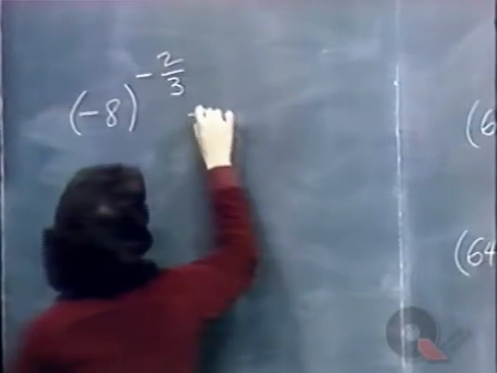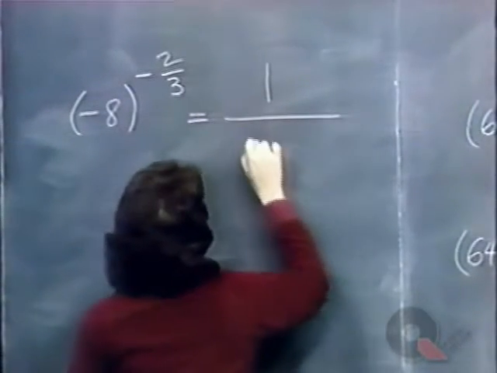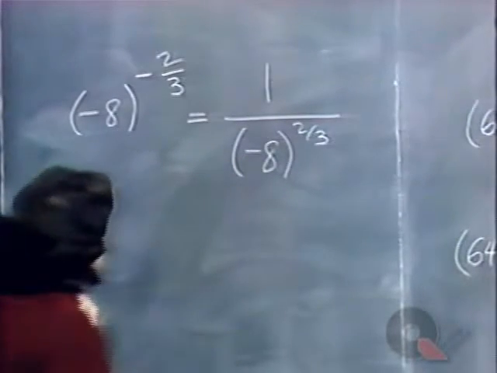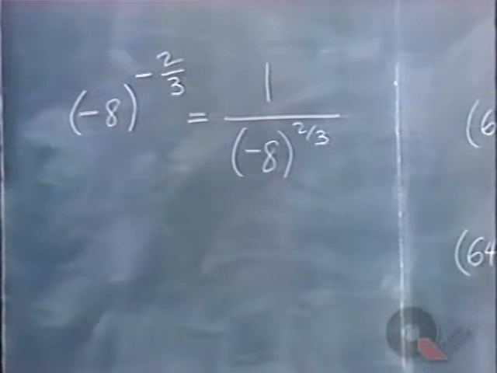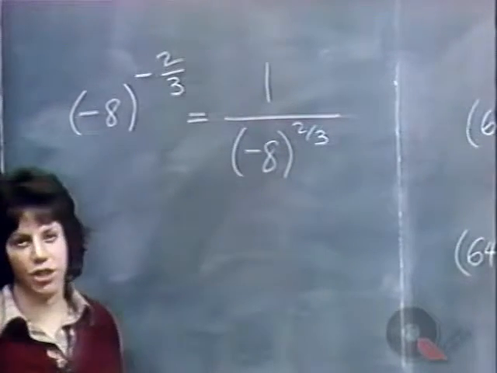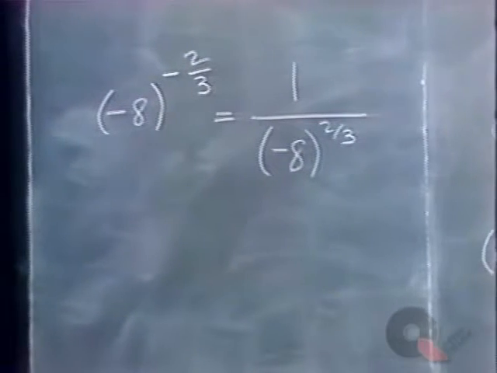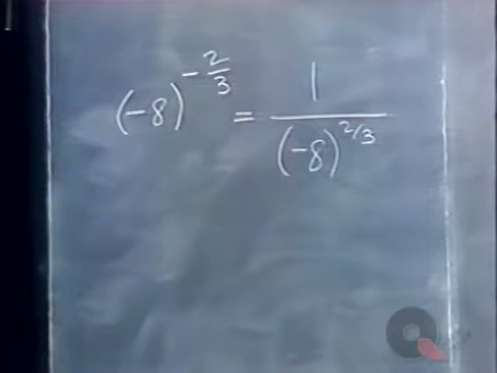So I will start by saying this is 1 over minus 8 to the 2/3 power. At least now I am dealing with a positive rational exponent.